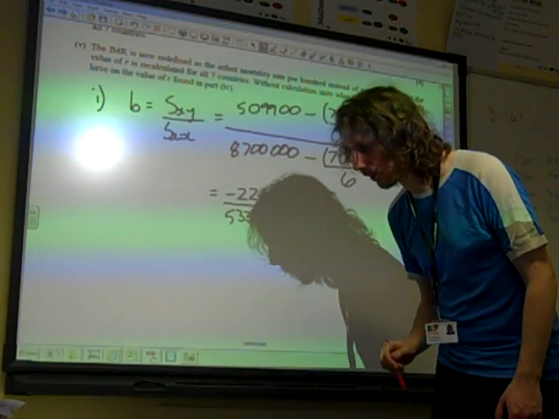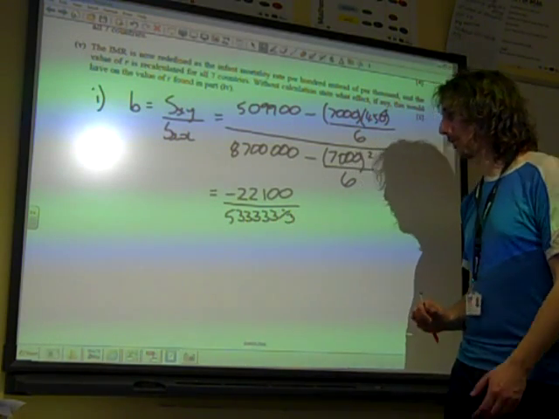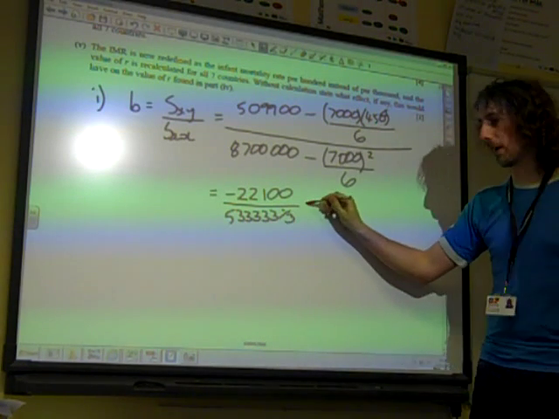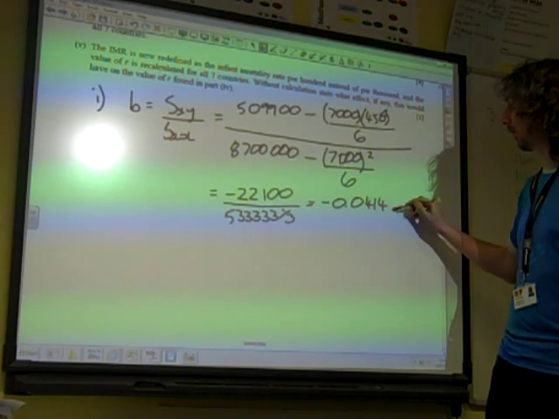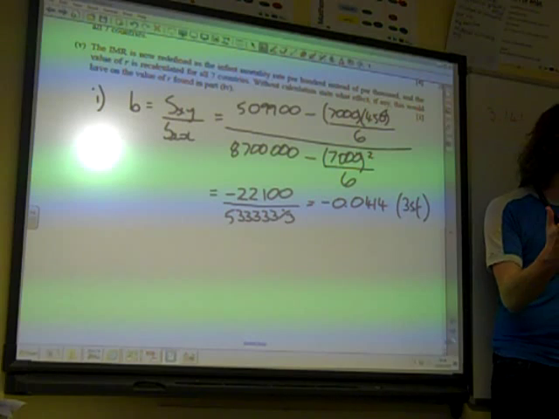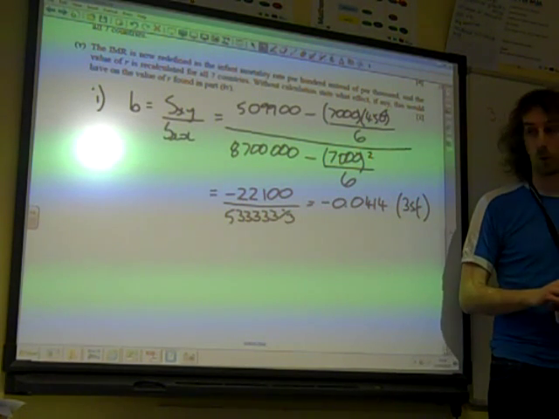How many 3's are there? I think it's that, 533,333 and a third. And if we work that out, it gives us minus 0.0414 to 3 significant figures. Remember, we need to give answers to 3 significant figures, although you can leave it as a fraction, cancel down if you want to.